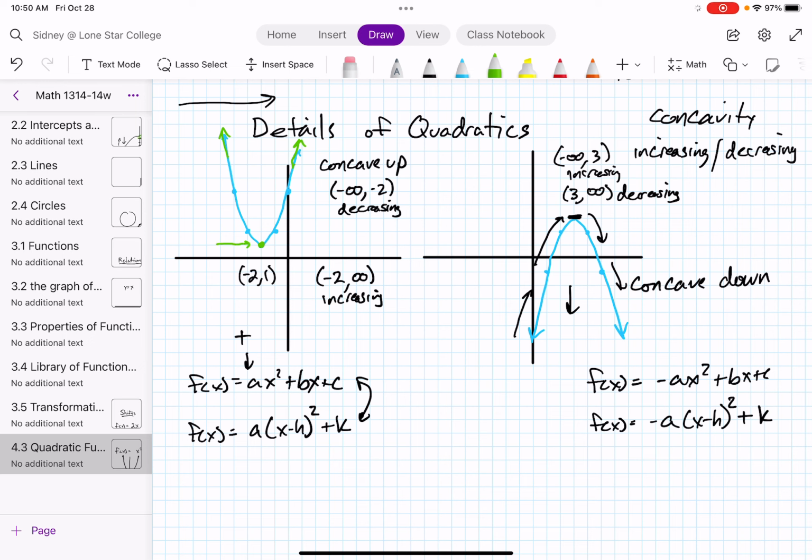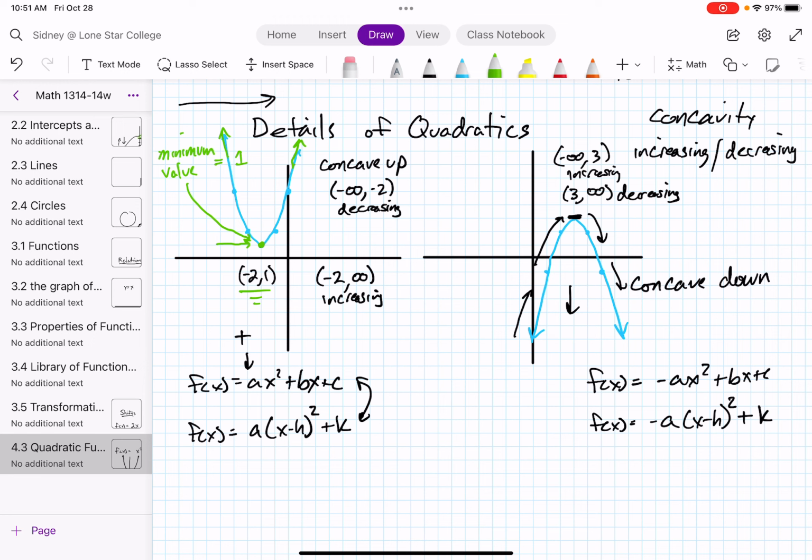And when it asks for the minimum value of a parabola, it is very specifically asking for the y value of the vertex, because the vertex will be the lowest point, that minimum value. So in this case, because it's at the point -2, 1, the minimum value for this parabola is 1. That is the lowest point.